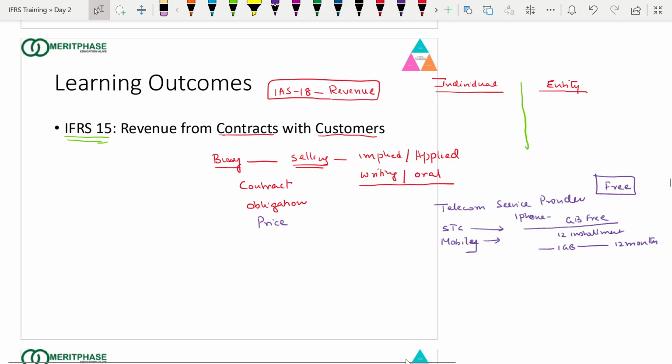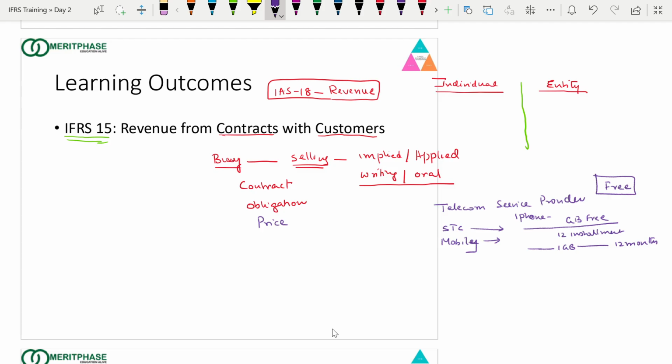Fine. Now, coming back to where I stopped here. It's a very practical chapter, very realistic chapter, and you can link it to anything. The same model will work. They will give 1 GB and say this is for 12 months.